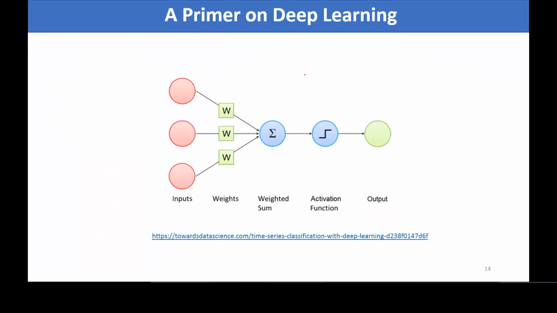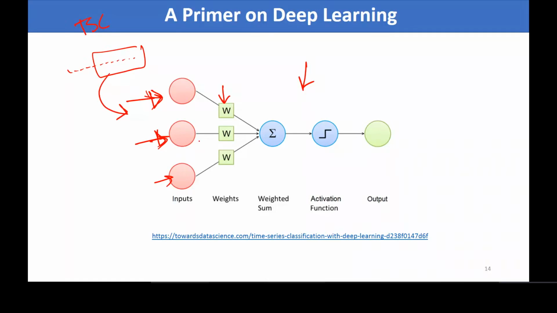You multiply the weights by the input. Here, the point in time series classification is that instead of taking, for example, pixels of an image or some features, for example, signals from the body of a patient, which are independent of each other and don't relate in time to each other, now we take groups of readings in a time series, which are related in time, and we feed that here.